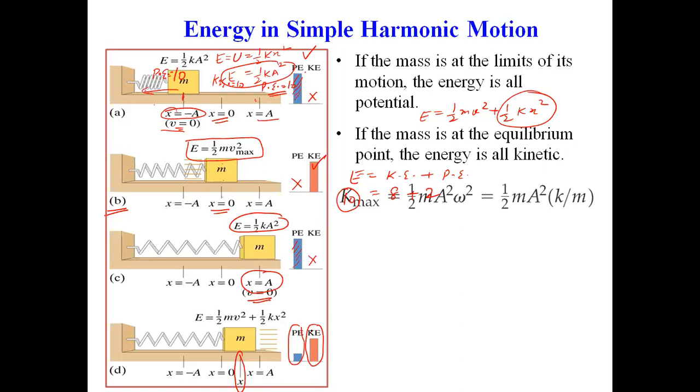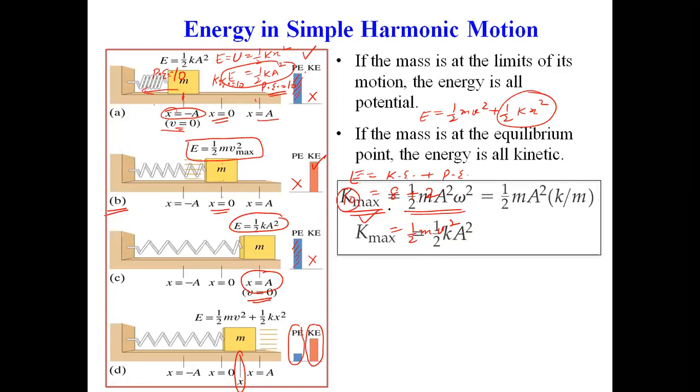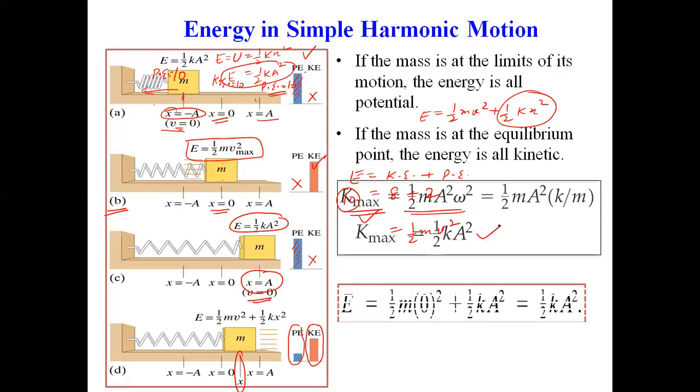To avoid complexity, we put in some assumptions. Now let us see the maximum kinetic energy, which is equal to half m a squared omega squared. This is half mv squared, so when you put in the v max value, it becomes half m a squared omega squared. So here we get the maximum kinetic energy. If a numerical asks you to find the K max value, it is simply half k a squared as well.